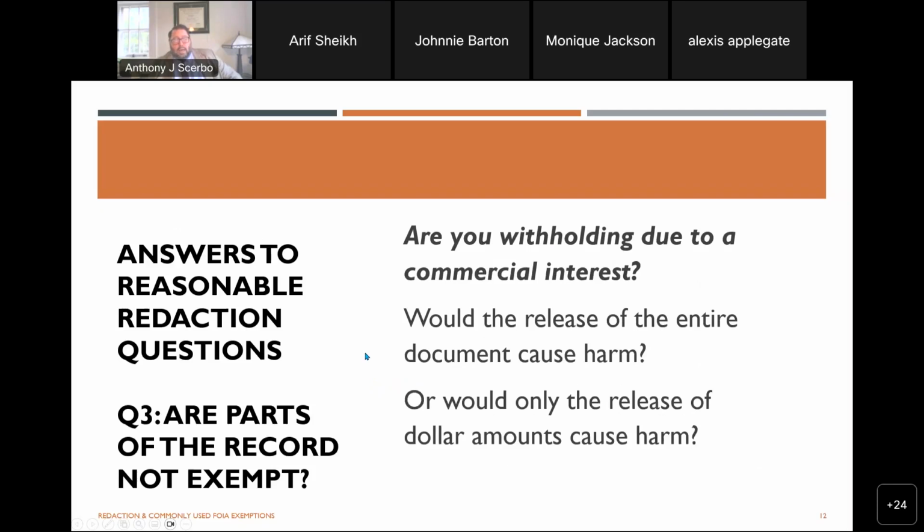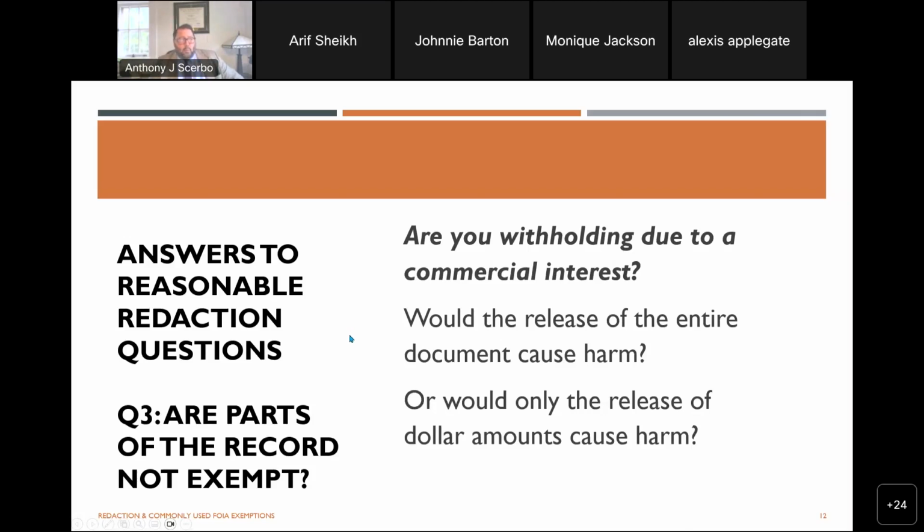Are parts of the record now not exempt? So are you withholding due to a commercial interest? And again, the issue is, would release of the entire document cause harm to a commercial interest, or would only the release of, say, something specific like dollar amounts, proprietary formulae, things like that, cause the harm?